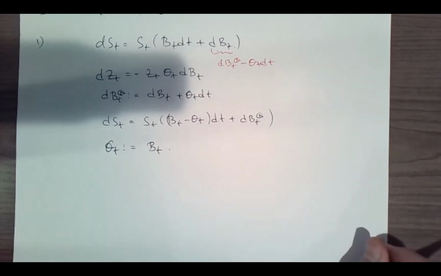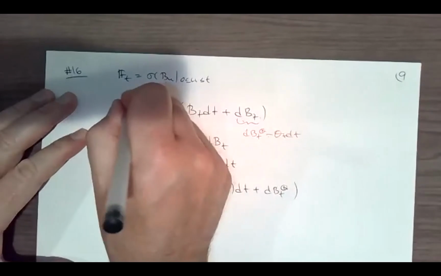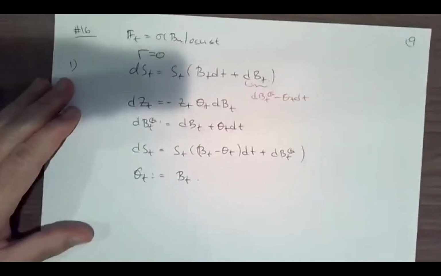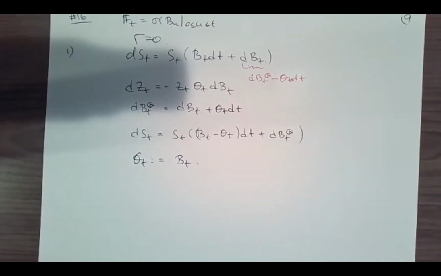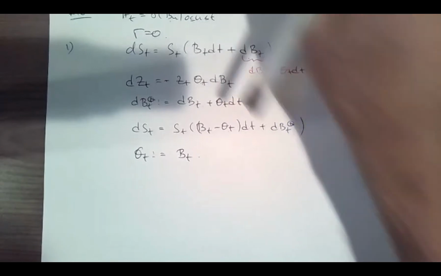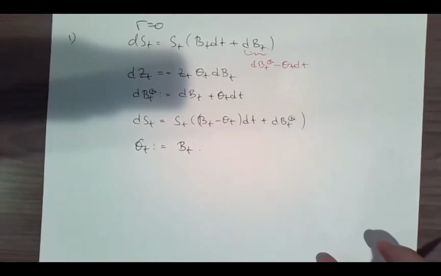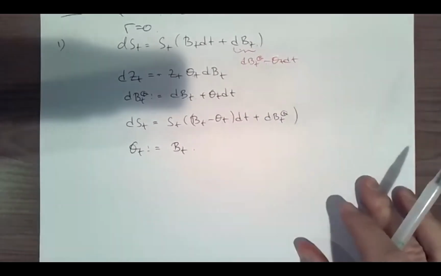Then I have a martingale. The interest rate in this model here, I think, is taken to be 0. Are we good on the first part here? We've seen this a few times by now.